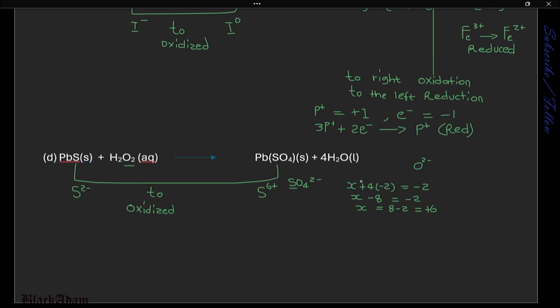Alright, next we're going to look at oxygen. Let's check for oxygen. So let oxygen there be x, we have 2x and then plus 2, hydrogen is 1 times 2, and then 2x plus 2 is equal to 0, so 2x is equal to -2, and divide both sides by 2. We have x is equal to -1.